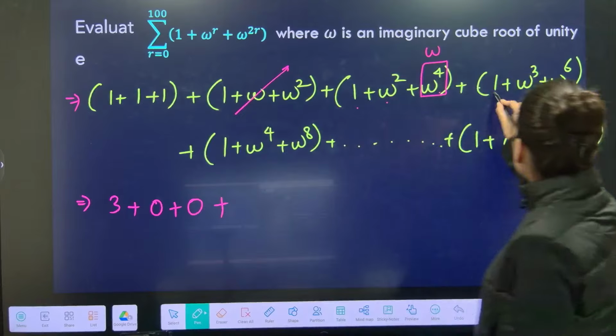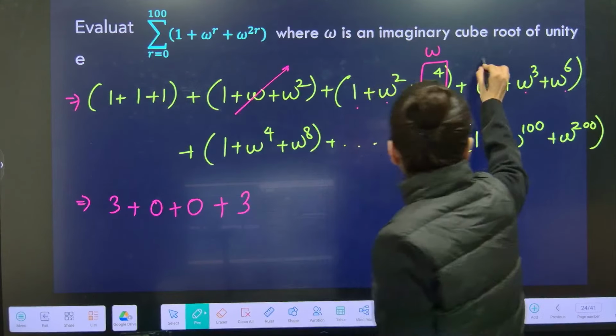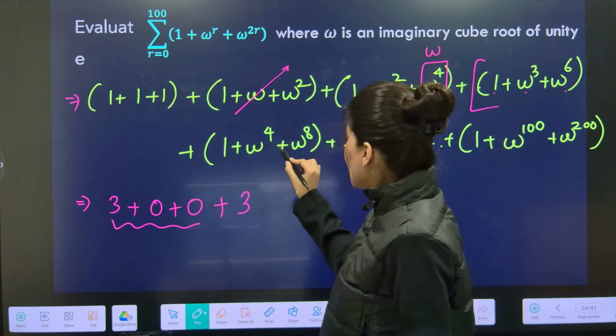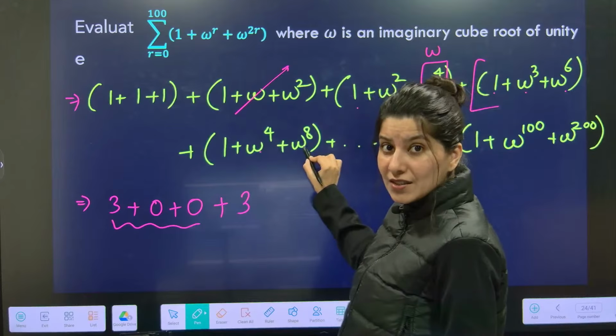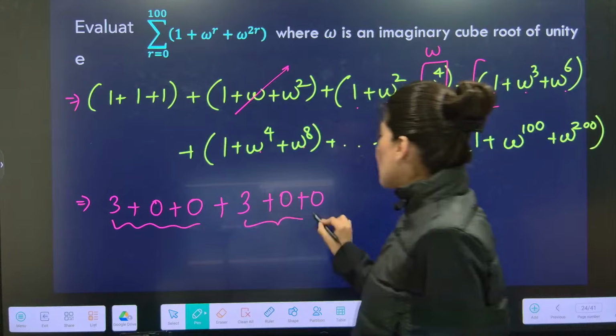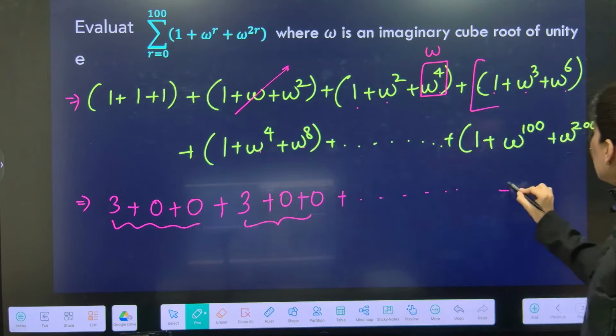Plus, what about this? 1 plus 1 plus 1, back to 3. From here, we started with 3. So 3 plus 0 plus 0, and there will be one more 0, because the pattern is going to get followed and it will be continued till the end.